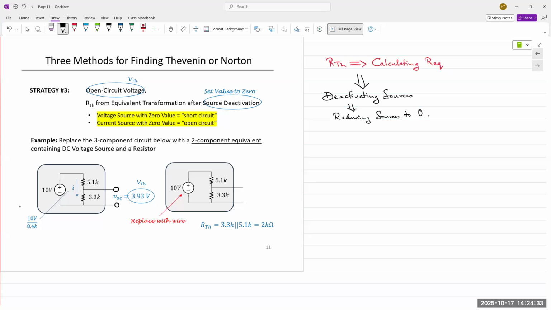So what do we do? Well, what we do is we take out the sources and we replace it with something. So we replace voltage sources with a short circuit wire.